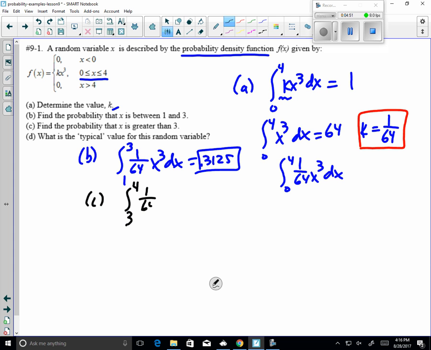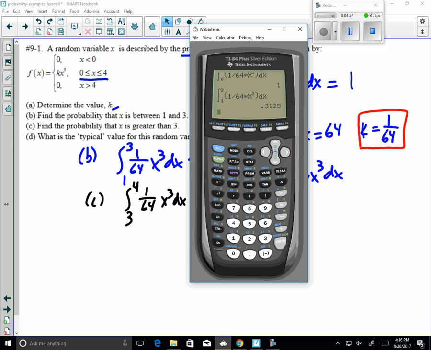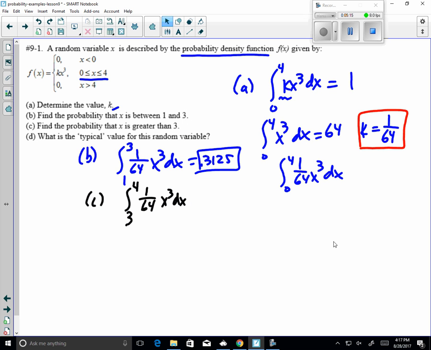So it's just going to be the integral of the probability density function from 3 to 4. Again, I'll do that with a calculator here. Integral from 3 to 4 of 1 over 64 times x cubed. And that turns out to be 0.6835.